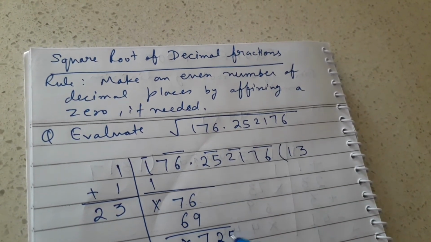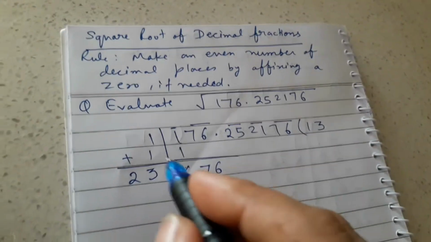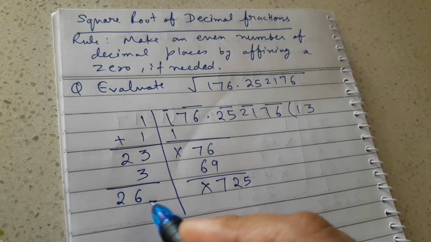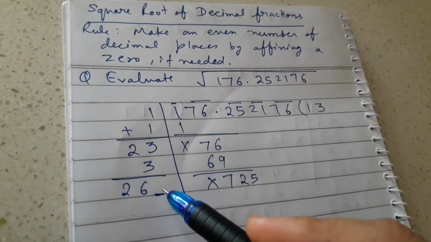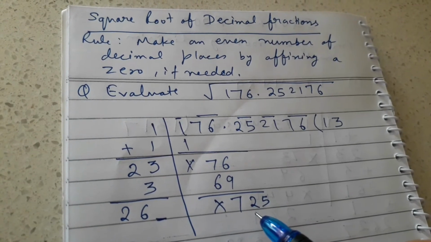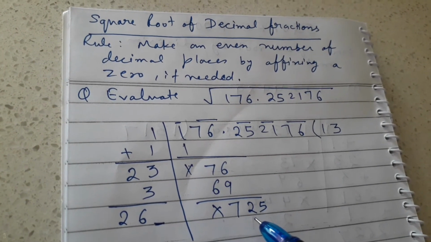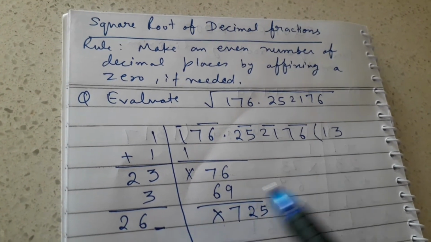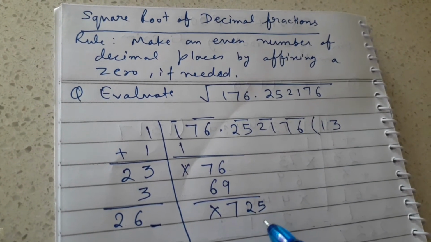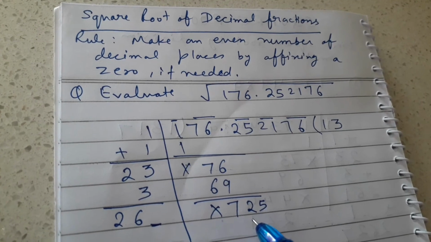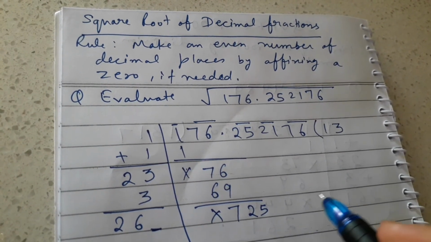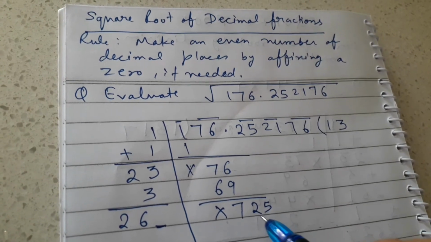The next pair is 25, and whatever the quotient we have, we have to add here, 6. Now what number can we put so that it comes almost close to 725? Just check: 261 into 1 is 261, 262 into 2 will come 524, and 263 into 3 is coming more than 725.